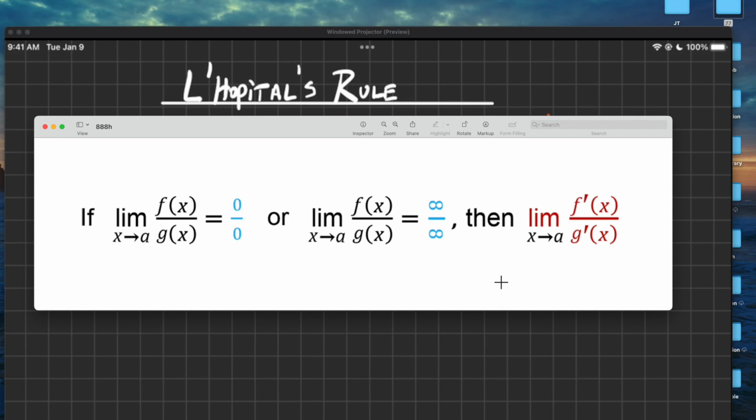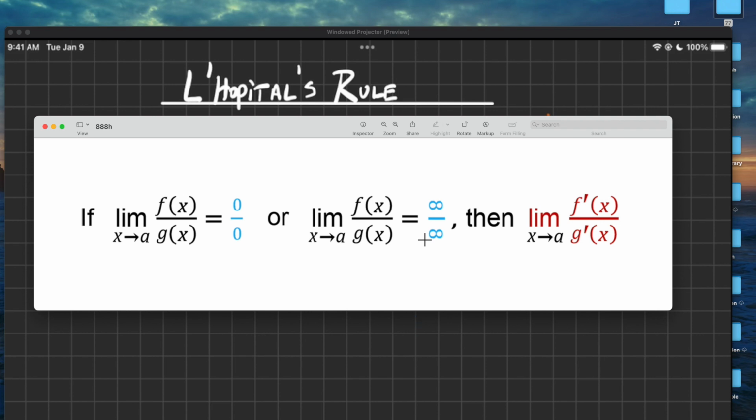Now, of note, this is lacking a little bit of information because infinity over infinity could be plus infinity over minus infinity, minus over minus, plus over plus, any permutation of infinity over infinity.